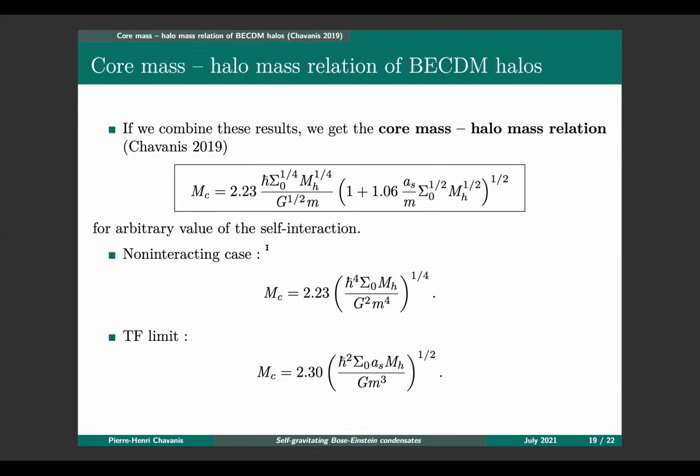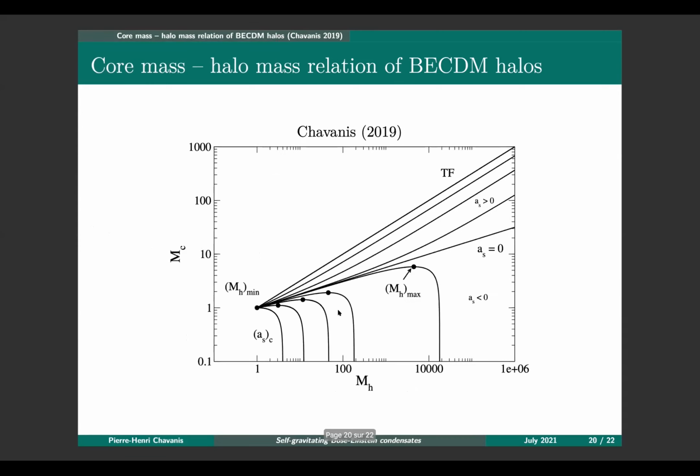In the non-interacting case where a_s is equal to 0, it reduces to a pure power law like that. And in the opposite case where we have a strong repulsive self-interaction, so that a_s is large, it reduces to another power law like that. So we can plot the core mass as a function of the halo mass. For non-interacting bosons, we have this power law, as I said before.